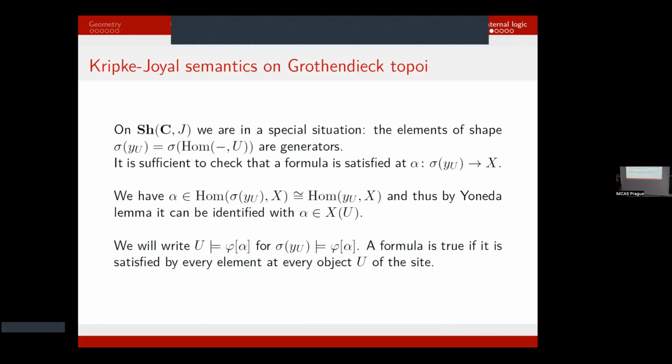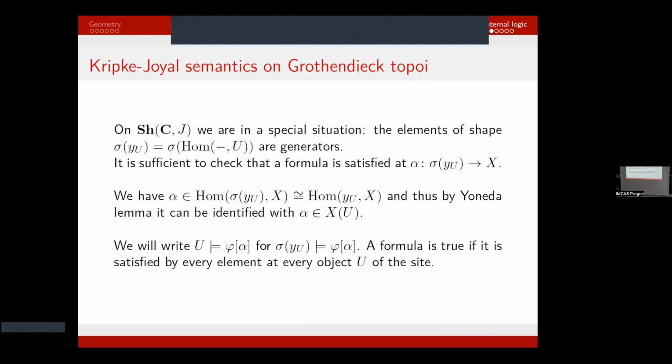But now I'm working again with sets. This is a set again. And this is what makes the interpretation in Grothendieck topoi a bit more, let's say, computable.